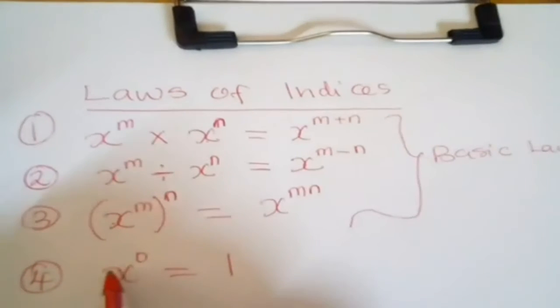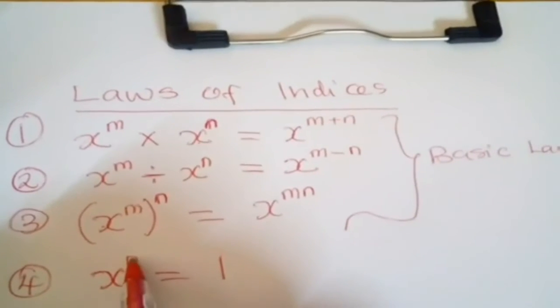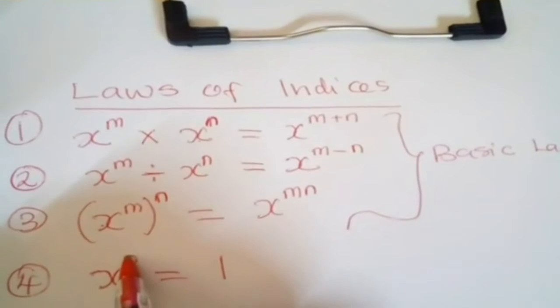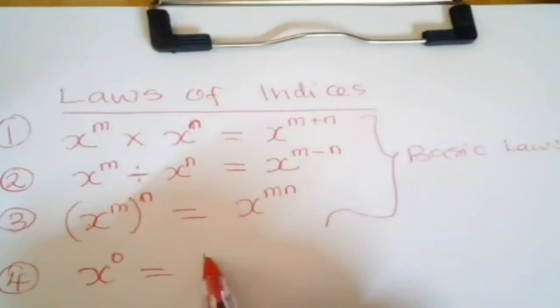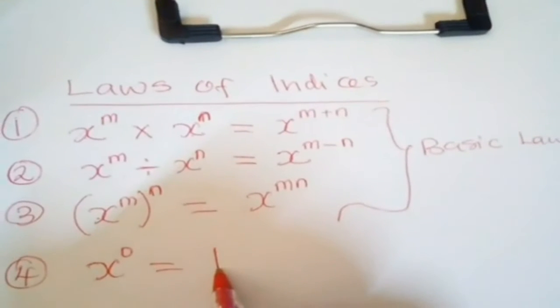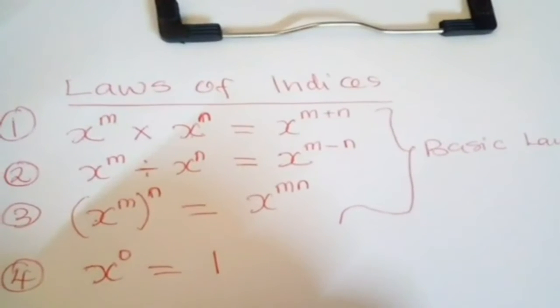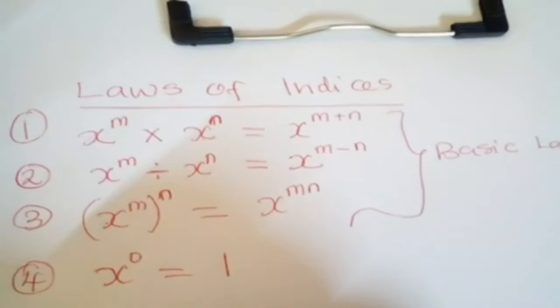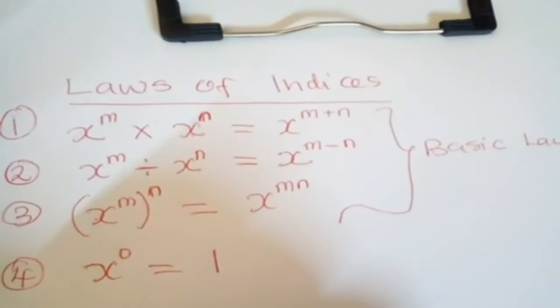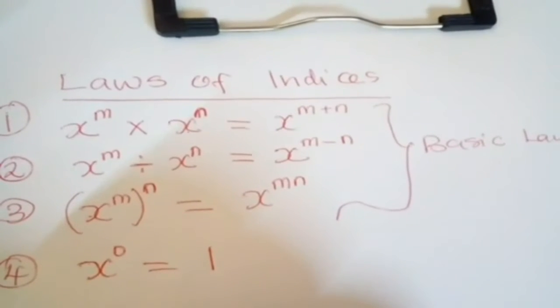So when you are given a number, let's say x, and this number has been raised to the power 0, it will always be 1. So any number raised to the power 0 is 1. I repeat, any number raised to the power 0 is 1. A million raised to the power 0 is 1.